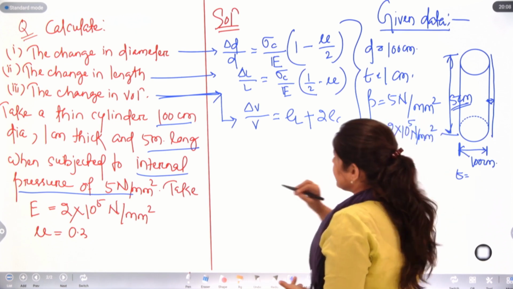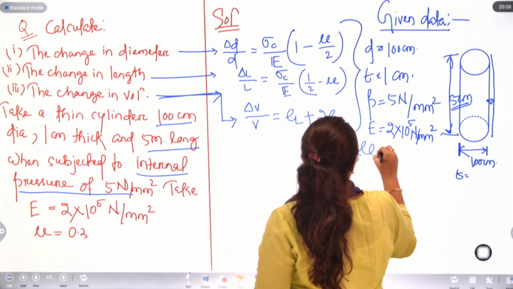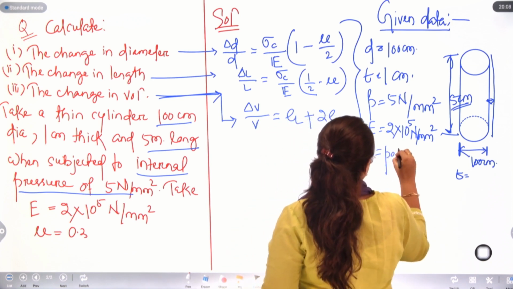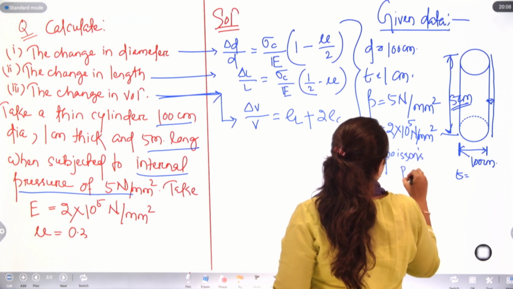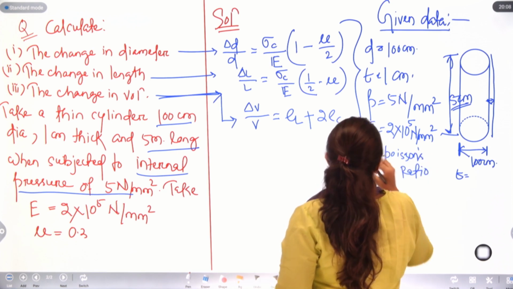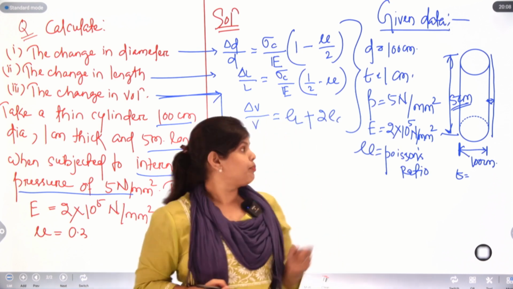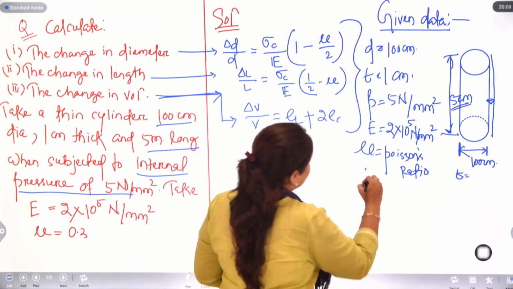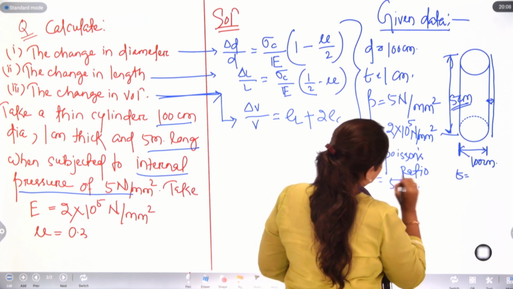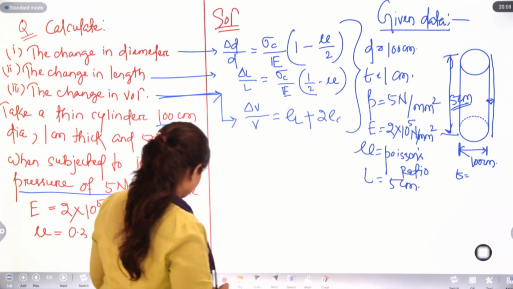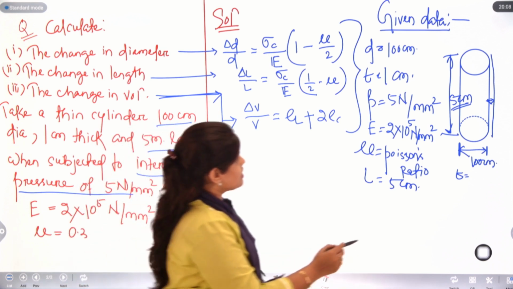Next, mu is our Poisson's ratio. So, we have D, T, P, L and E and mu. L is our 5 centimeter. Now we don't need this diagram.